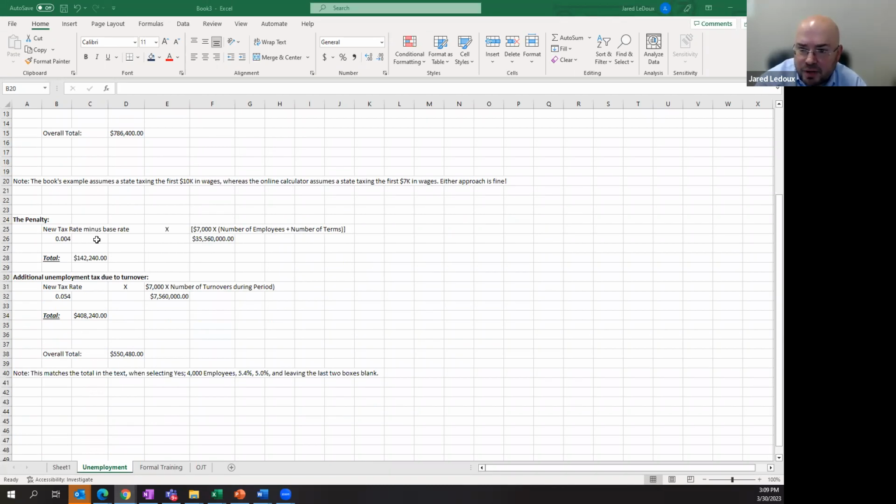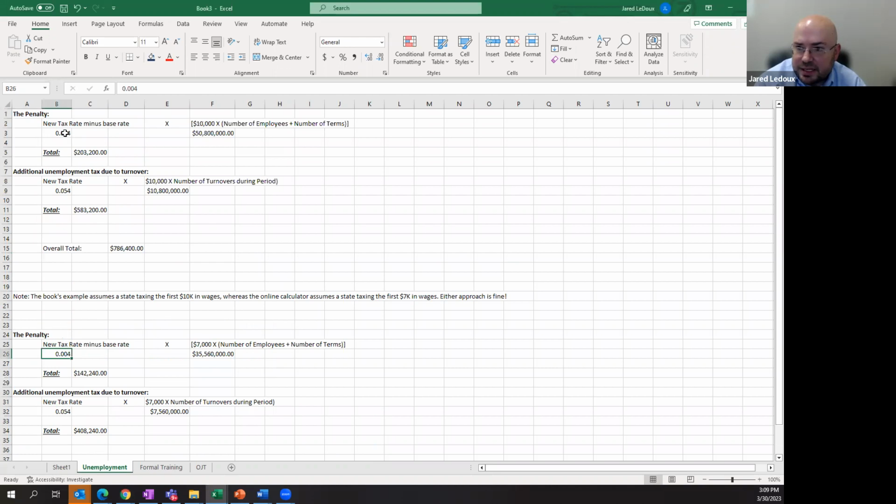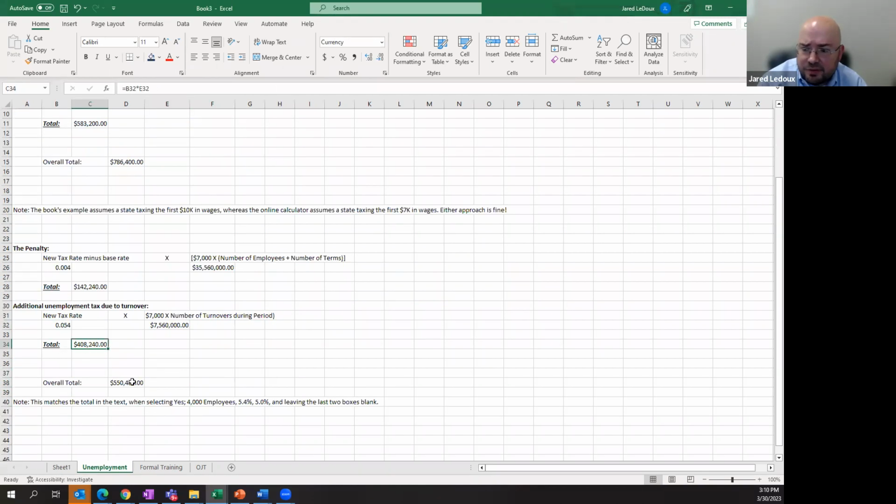So I did it both ways. I did the same exact thing as here, 0.4% times a much lower number, $35.5 million, because it's $7,000 times those 5,000 employees. That tax or penalty is $142,000 plus the 5.4% tax, again only on the first $7,000 of employee earnings times 1,080, and that's going to give you a total of 550,000.